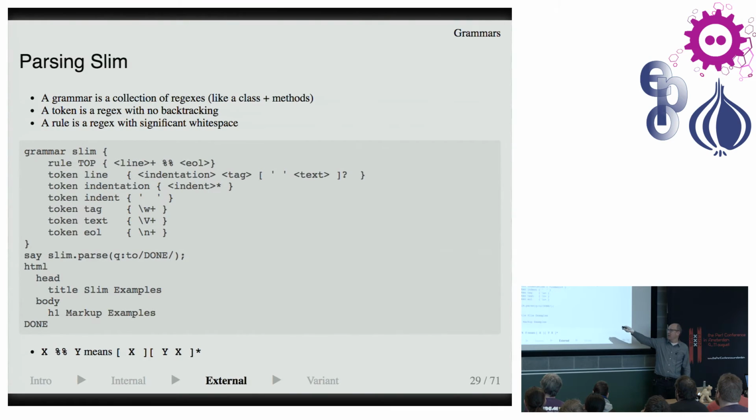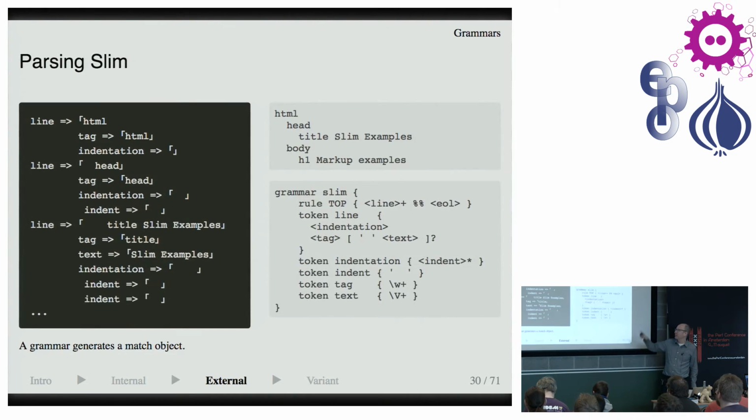The top level rule here is one or more lines separated by an end-of-line character. End of line is a series of character terms. So if we parse this particular code using this grammar, we end up with a match object.